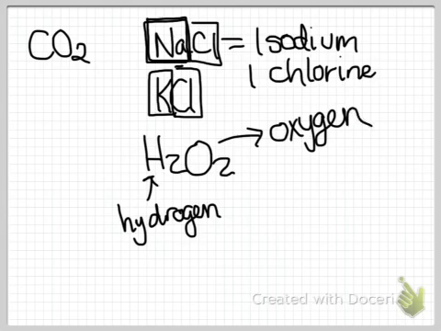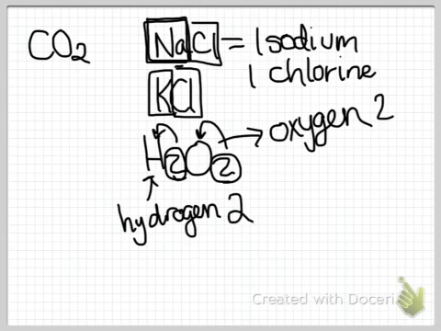And the number behind, if there is a number behind, tells you how many atoms of the element in front. So this says there's 2 oxygen, and we know that there is 2 hydrogen. So that's just interpreting and figuring out what chemical compounds mean.